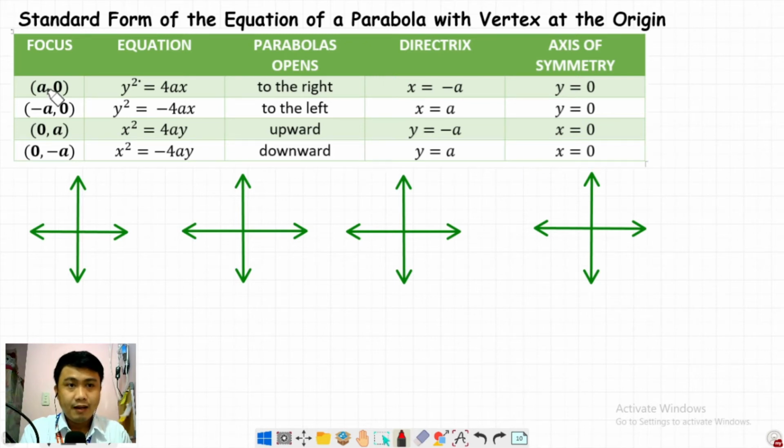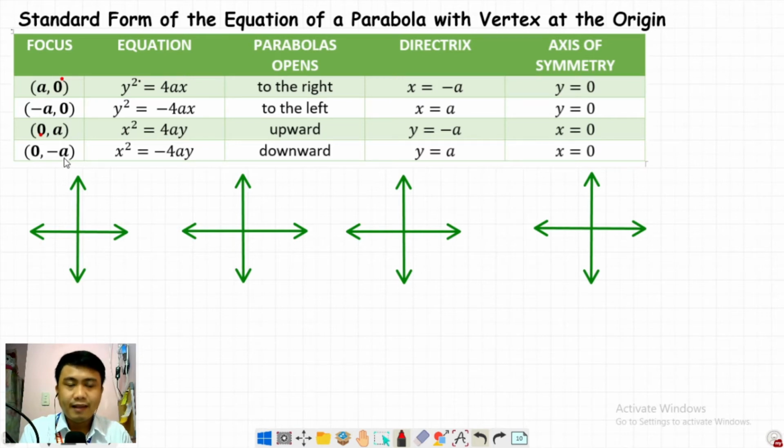The focal distance. Yung A natin kanina, focal distance. And in this case, we have here the coordinates of our focus. Nandun dito, x coordinate, y coordinate, x coordinate, y coordinate, x coordinate, y coordinate.